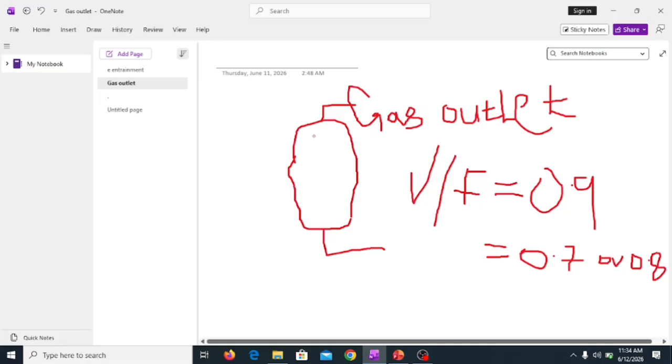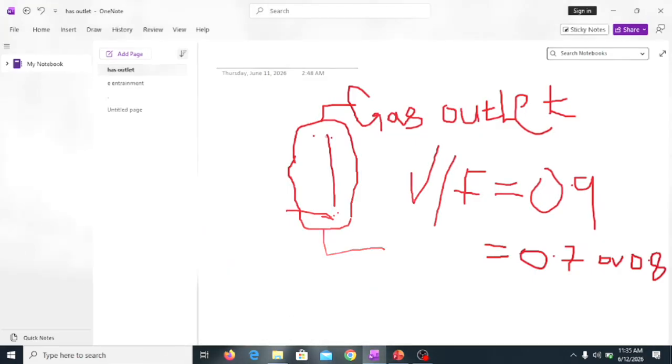For example, we have our gas here, and then of course we have our liquid and oil here. When the gas traps the liquid, that is what we call re-entrainment. Why does that happen? It's because of the high velocity of the gas.